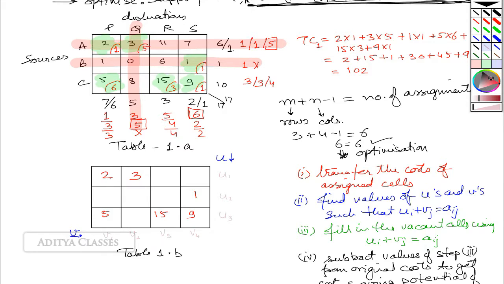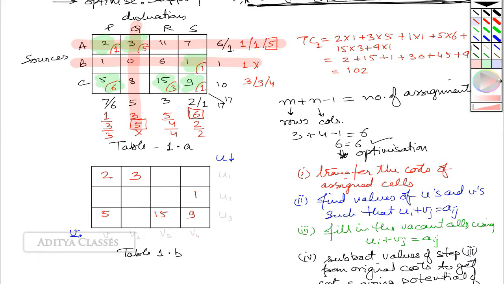Now it is a very simple concept. You need to find out these U and V values such that when this U and this V travel in, they should give me the sum. That is, U3 plus V3 should be equal to 15. Fine. And if we go here, U1 plus V2 should be 3.